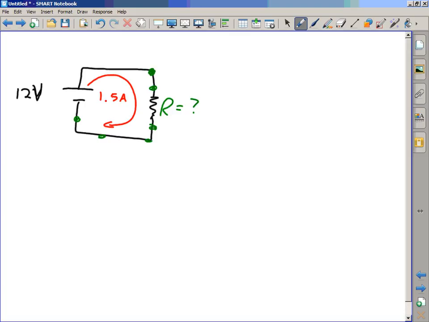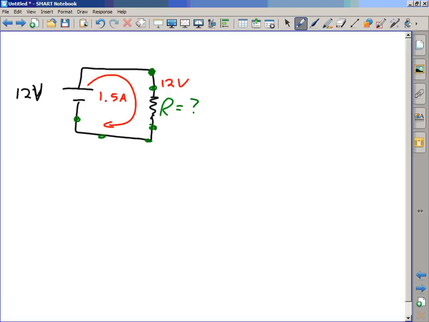At every spot on the wire, the current remains the same. What gets used up is the voltage. Now, no voltage can be left over by the time it makes it back around to the battery. Consider the wires to have zero resistance, perfect conductors. That means there was 12 volts before the resistor, and the resistor uses all of it.